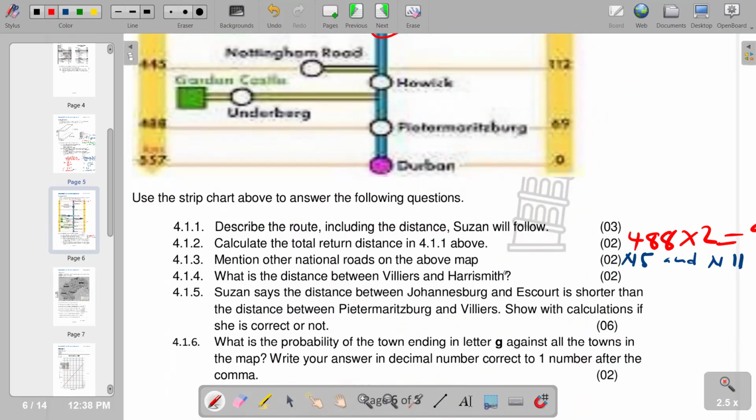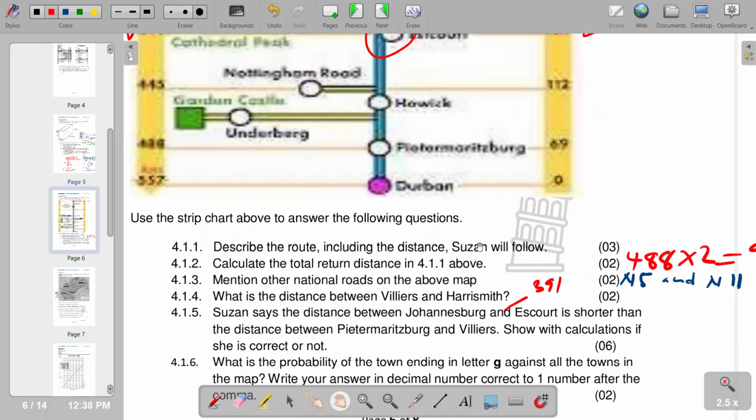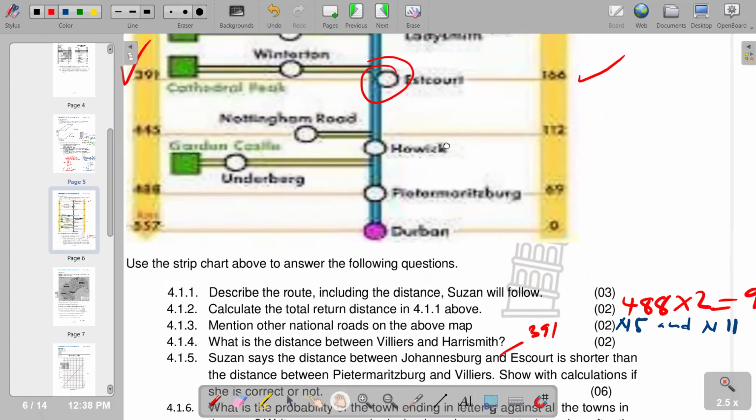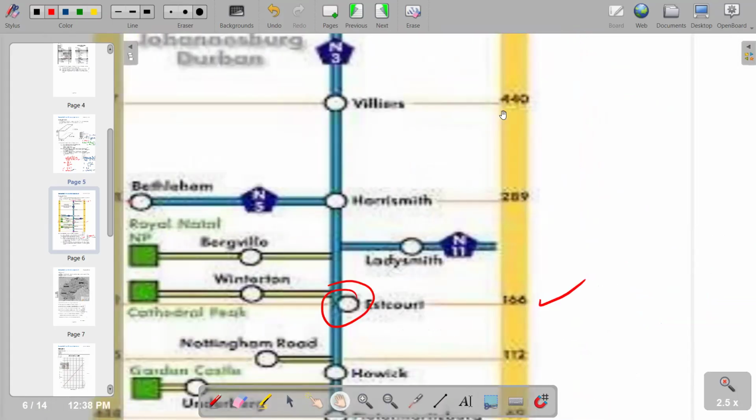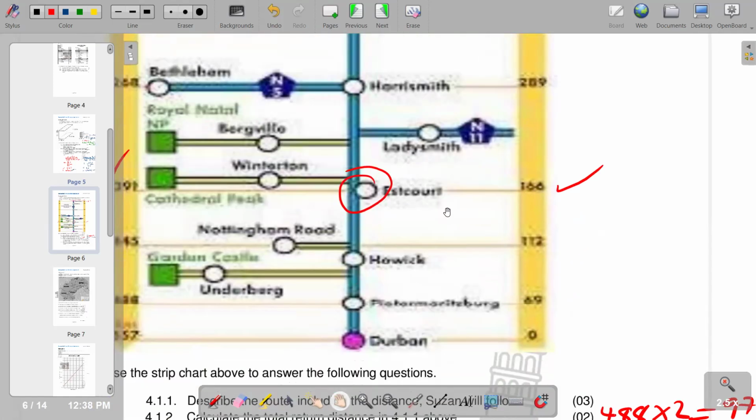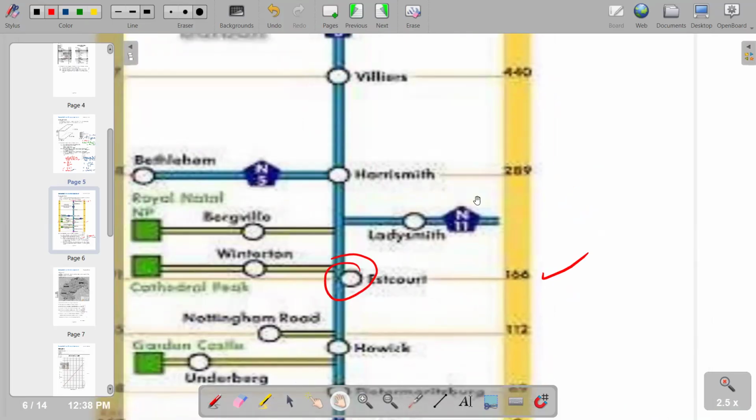Then Pietermaritzburg and Villiers. Pietermaritzburg is here, and the Villiers we have it here. So of course, we did calculate that one. From Durban to Villiers is 440.